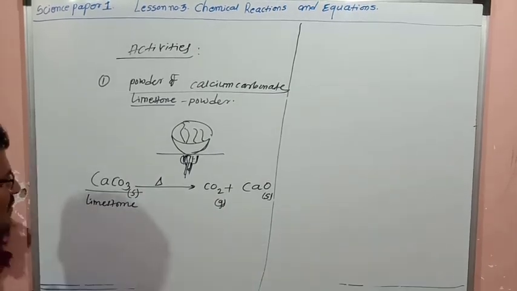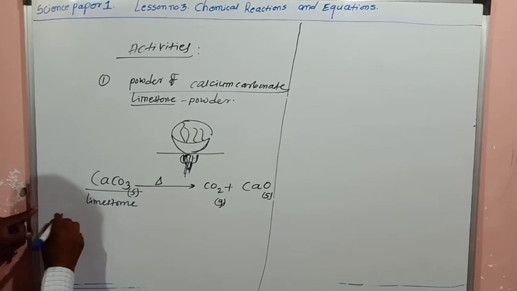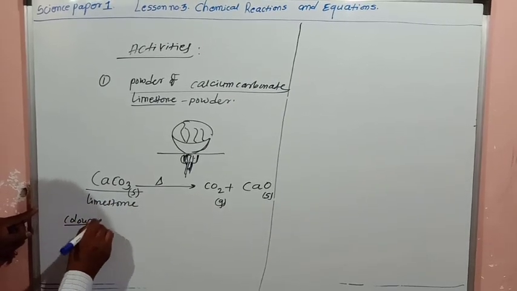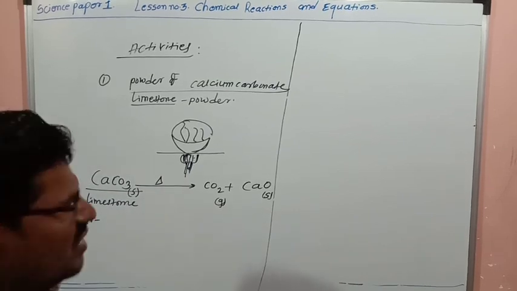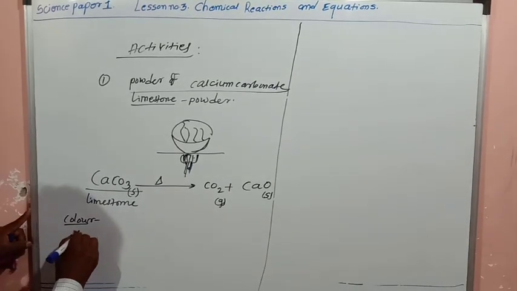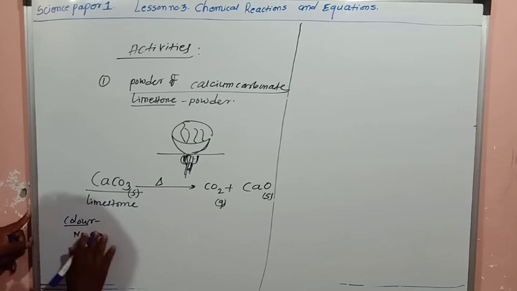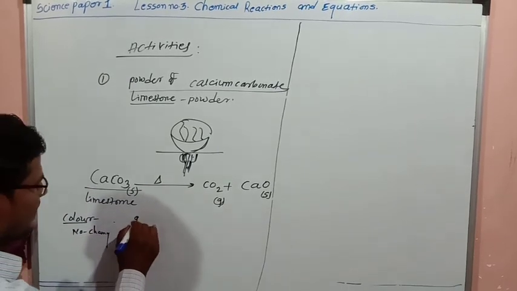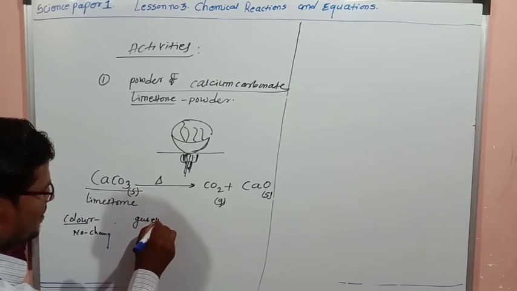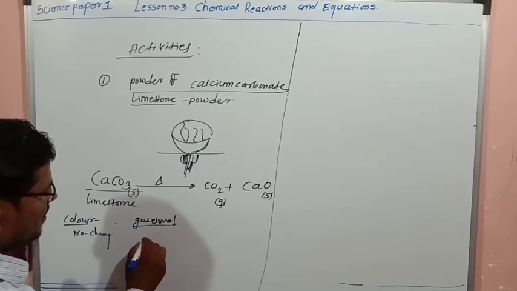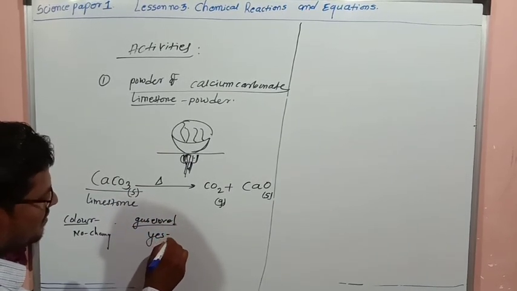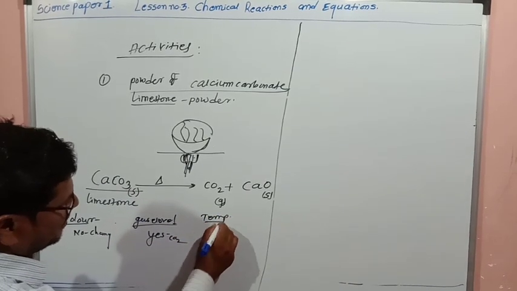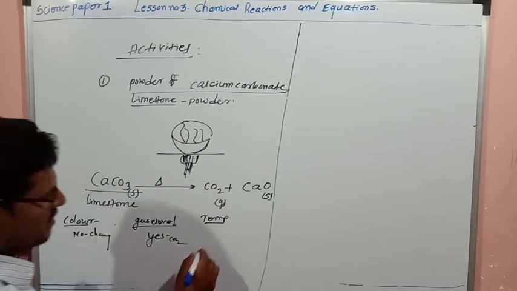So two-three points are there in this. First point is color: whether color changes here or not. Here, no color change. Second point: gas evolved or not? Yes, CO2 gas is evolved. Temperature change: you are heating, so temperature change will be involved.